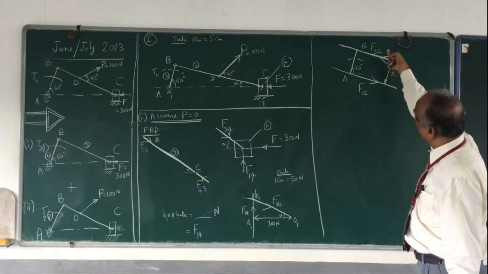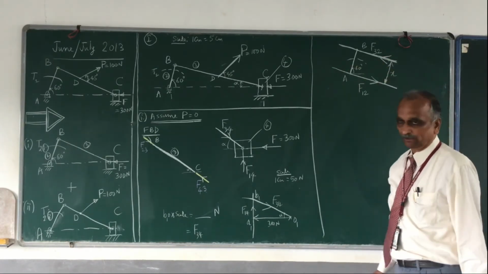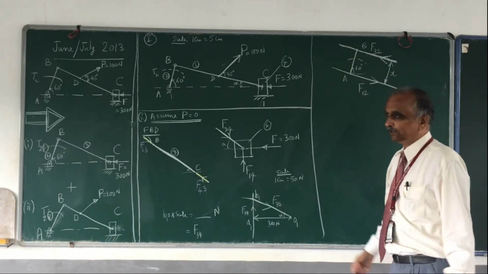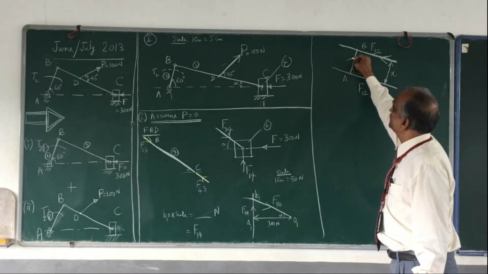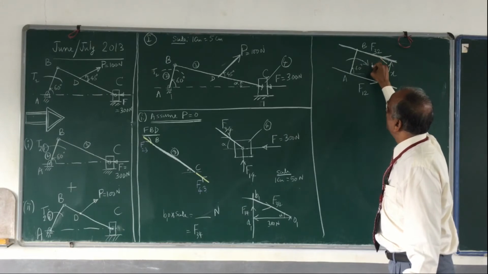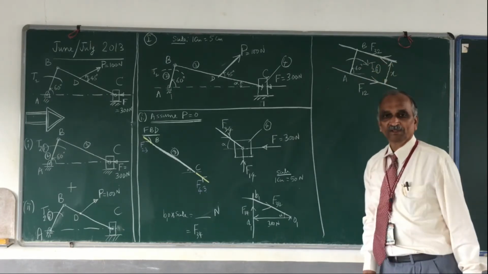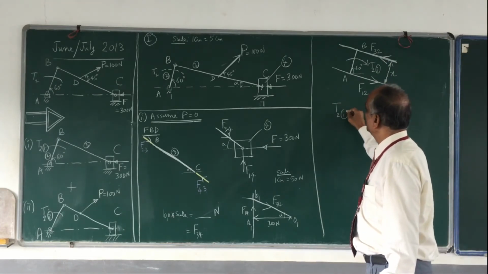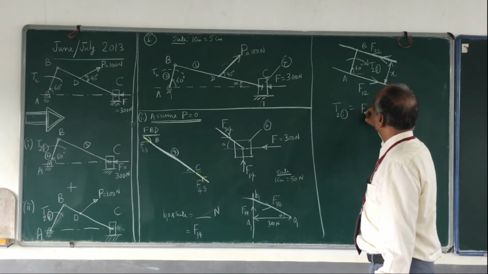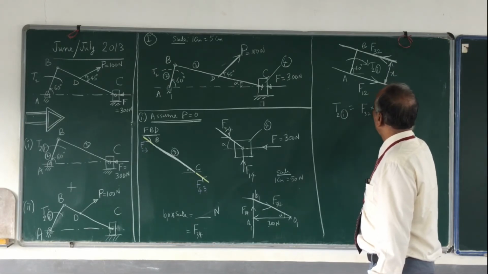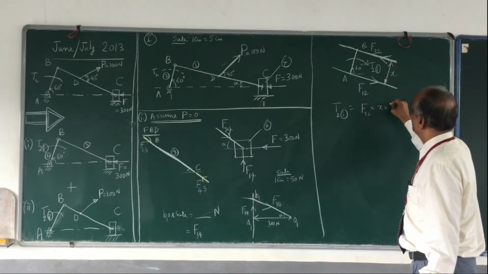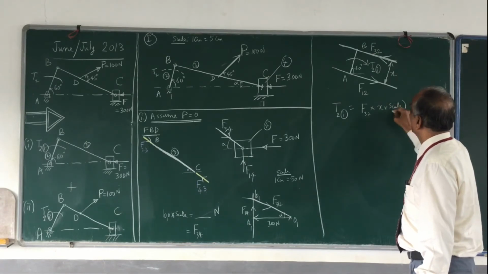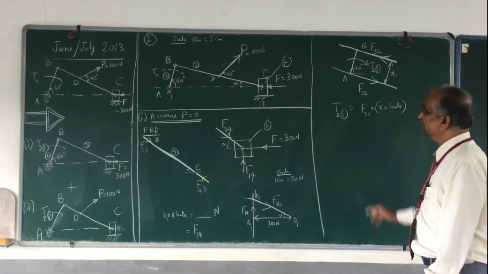F32 and F12 will form a couple. What direction is the couple? The couple is in the anti-clockwise direction. Therefore, this is what is called T21. This is only the first problem. So find out T21, which is equal to F32 multiplied by X, so many centimeters, multiplied by the scale of the diagram, that is 50.